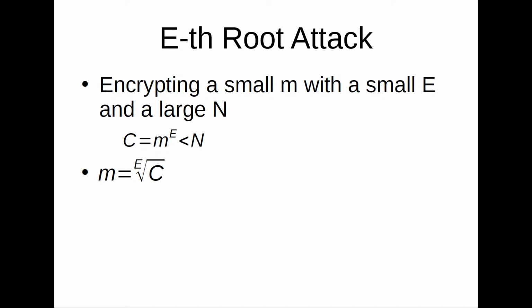If you pad the message to be as long as the modulus, which I guess is as long as the key, then when you raise it to an exponent, it'll pretty much have to cross over the modulus and wrap around, meaning you can't just take the eth root of the ciphertext and get the message anymore.